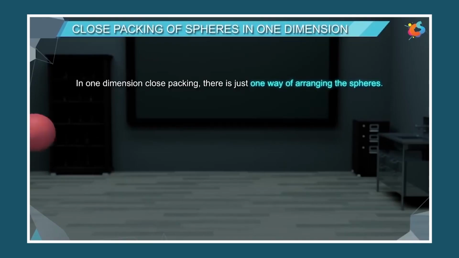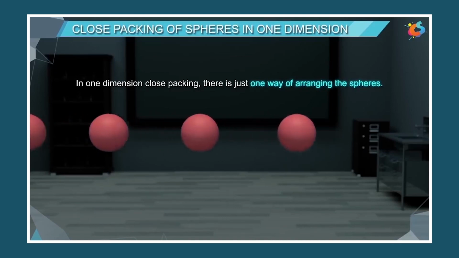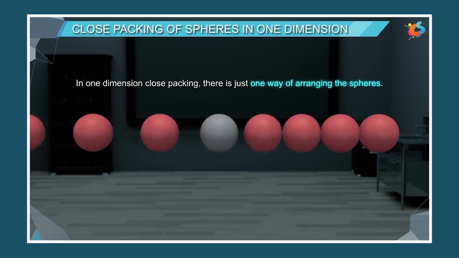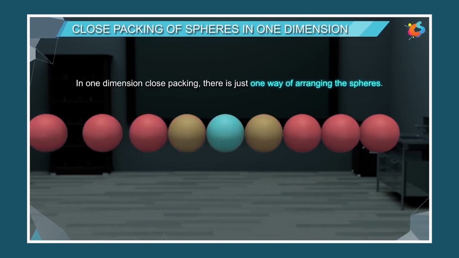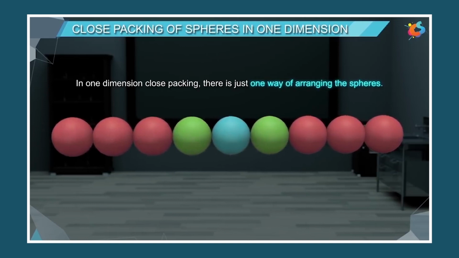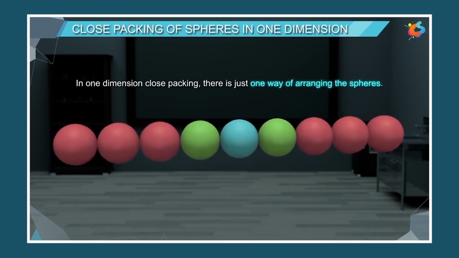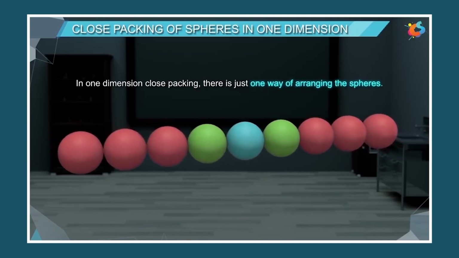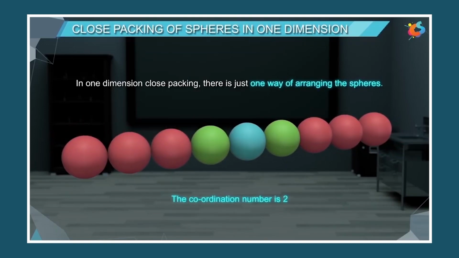There is only one way of arranging spheres in a one-dimensional close packed structure, that is to arrange them in a row touching each other. In this arrangement, each sphere is in contact with two of its neighbors. The number of nearest neighbors of a particle is called its coordination number. Thus, in a one-dimensional close packed arrangement, the coordination number is 2.